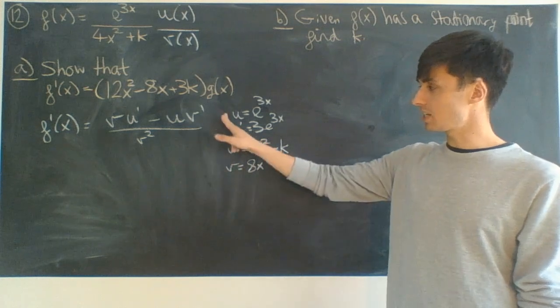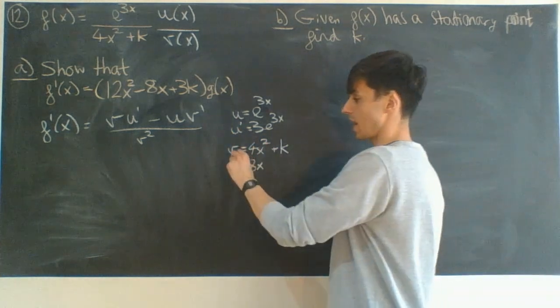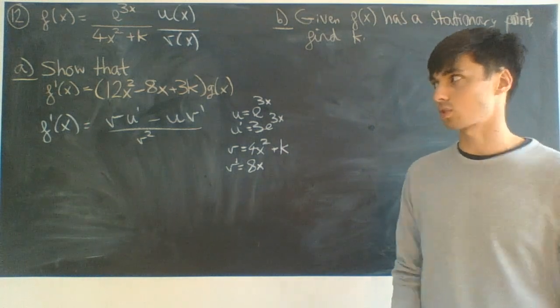Now let's substitute u dash, v, and v dash into our quotient rule.